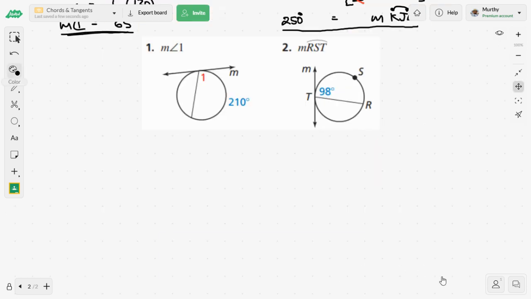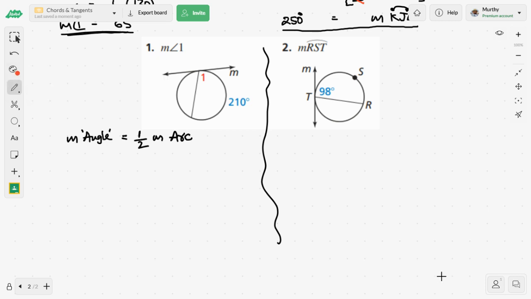Two more questions are on the screen now. First of all, you have to remember this formula: the measure of the angle made between the chord and the tangent equals half the measure of the arc.